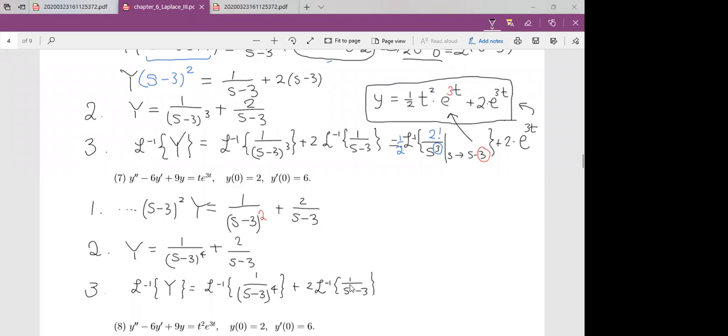So the second term is quite easy, quite straightforward. For this first term, again, you want to use the first translation theorem. So you read this expression as a translated version, something to the 4th, where you replace s by s minus 3. Now that you have power 4, you want to have 3 factorial. Then you divide everything by 3 factorial, like that. And then, of course, the second term will give you 2 e to the 3t.